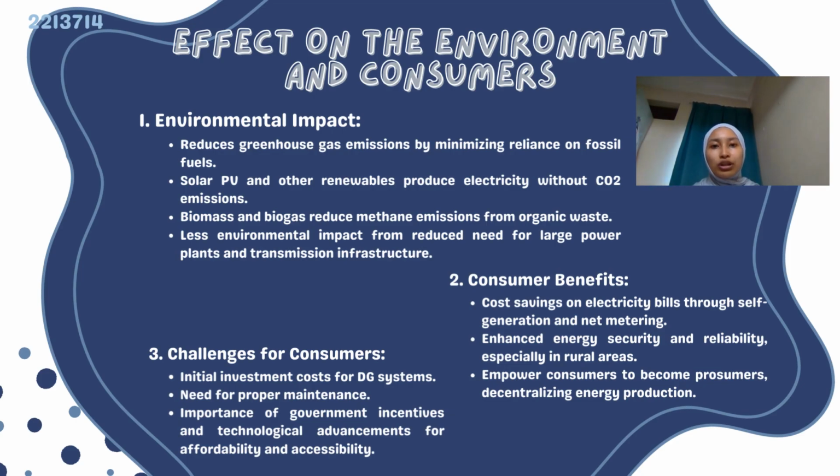For instance, solar PV systems produce electricity without emitting carbon dioxide during operation, similarly to biomass and biogas. Moreover, DG reduces the need for large-scale power plants, which often have a significant environmental footprint, including land use and water consumption. DG also diminishes the environmental impact associated with construction of extensive infrastructure.